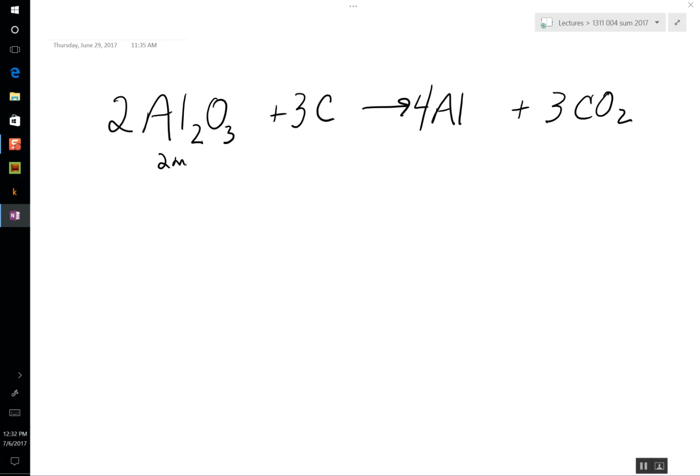And remember, this means that 2 moles of aluminum oxide will react with 3 moles of carbon to produce 4 moles of aluminum and 3 moles of carbon dioxide. Did we get that far? We introduced this equation. We talked about how to balance it.